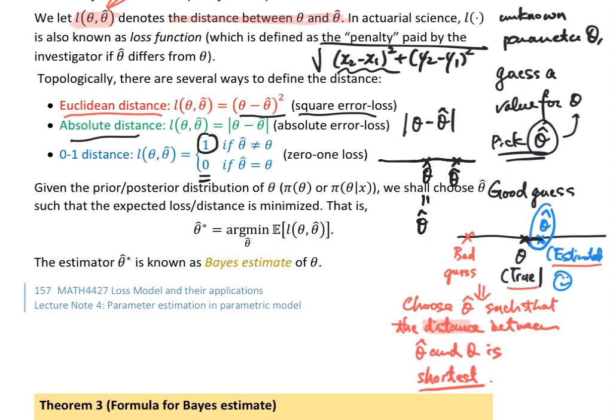Just going back to our point estimation problem, remember we want to make a single guess on the true value of the parameter. The ideal case is that this theta hat should be 100% reflective of the true value of the parameter.